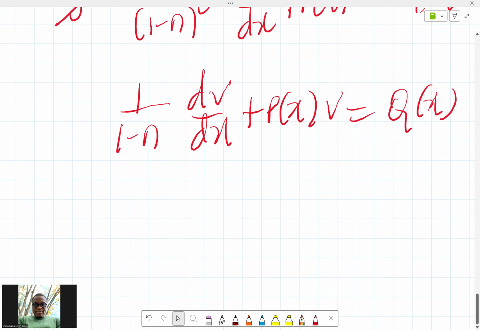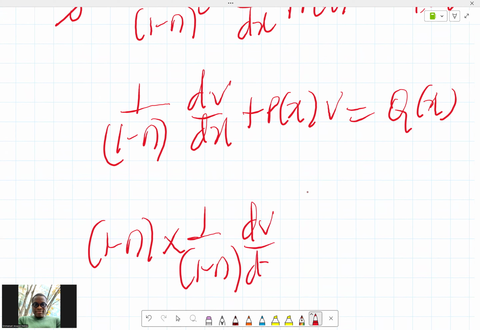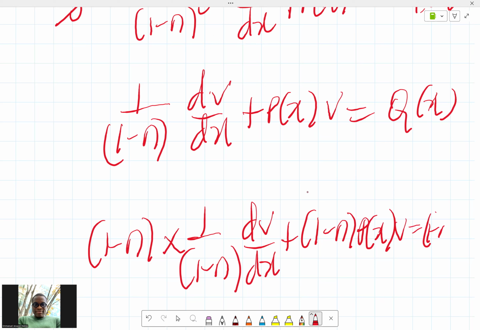If we multiply through by 1 minus n, we have 1 minus n times 1 over 1 minus n, dv/dx, plus 1 minus n, p of x, v equals 1 minus n, q of x.